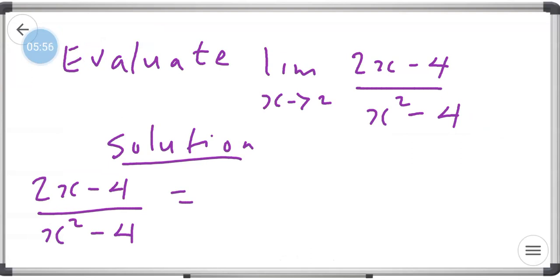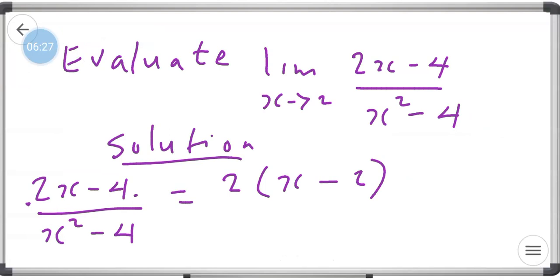We'll be having 2, because 2 is common between 2x and 4. So we'll be having 2 into x minus 2. Now, if we expand back, 2 times x gives us 2x, and 2 times minus 2 gives us minus 4.